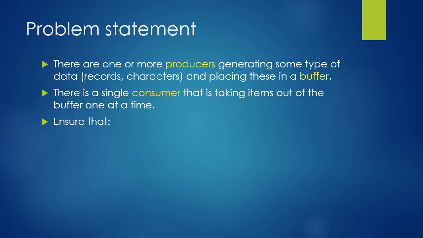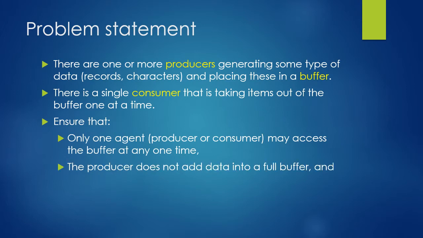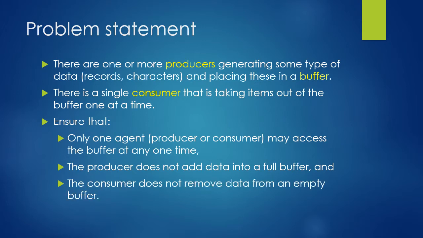That is, only one agent, producer or consumer, may access the buffer at any one time. We must also ensure that the producer won't try to add data into a buffer if it's full, and that the consumer won't try to remove data from an empty buffer.